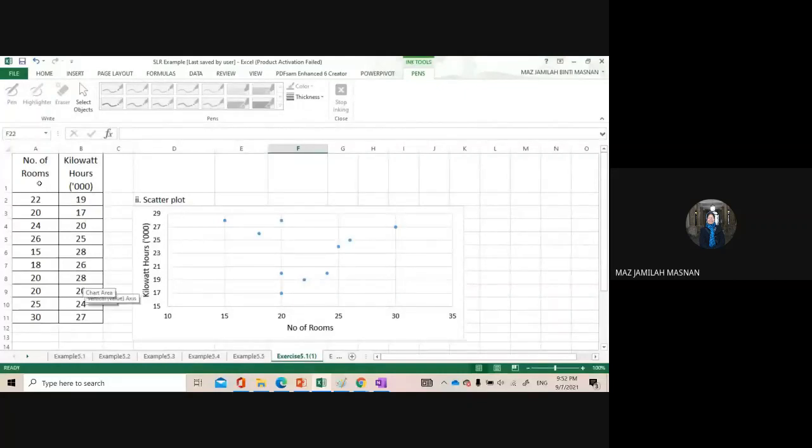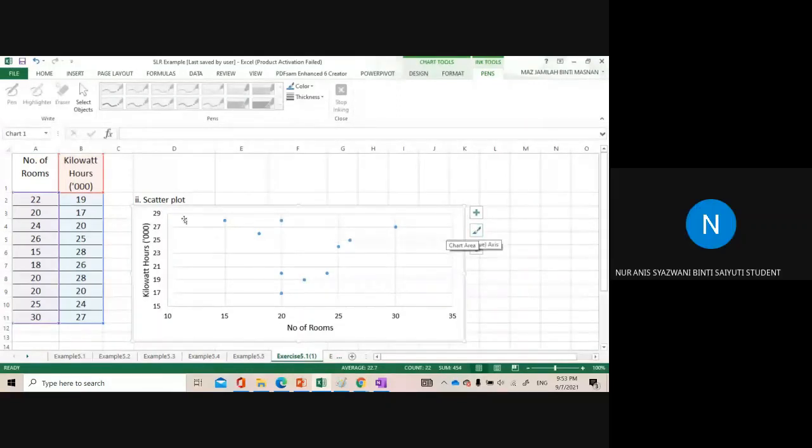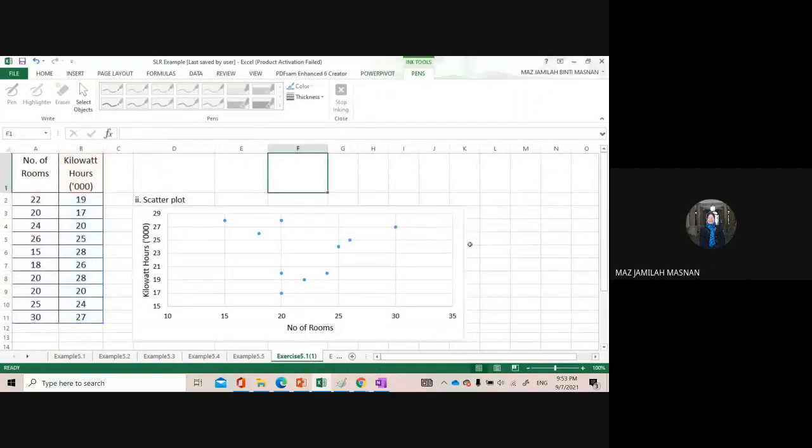If I draw my scatter plot, do you want me to show, or should I just use my scatter plot that is ready here? Use your scatter plot. Okay, thank you. So we have our scatter plot. Everything I have adjusted according to the right scale, with number of rooms on the x-axis and kilowatt hours on the y-axis.